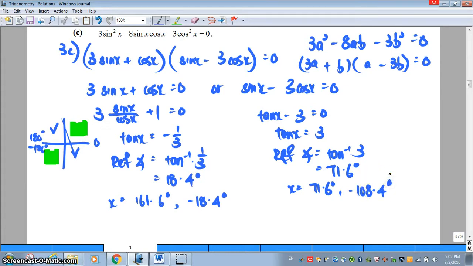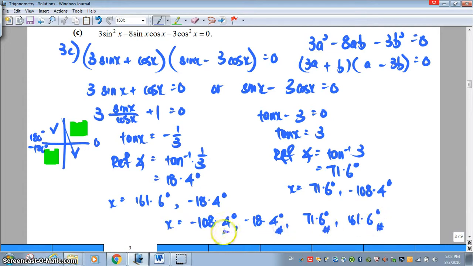Remember, these are all answers in degree. So, for all answers in degree, please round off to 1 decimal place. Please rewrite all your answers from the smallest value to the biggest value. Okay, and there you have it. We are done with guided example 3.